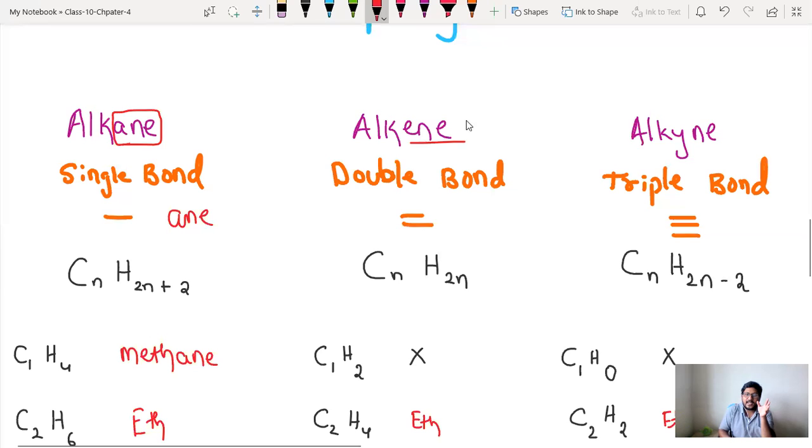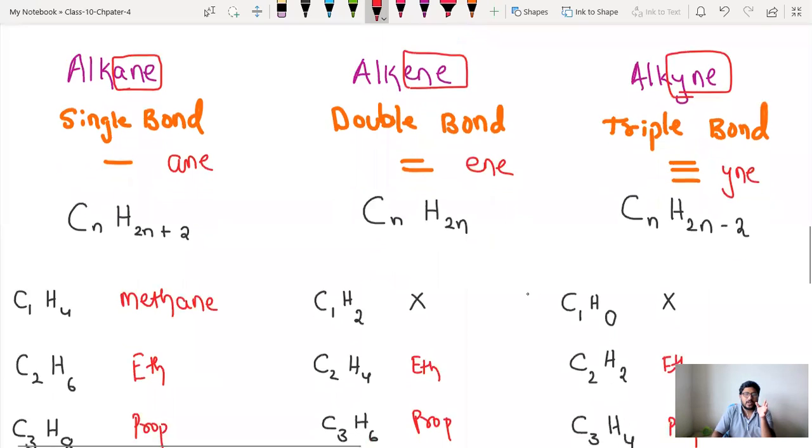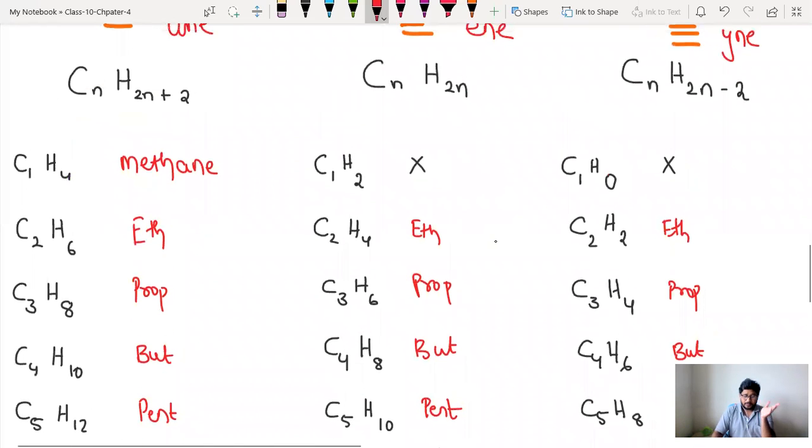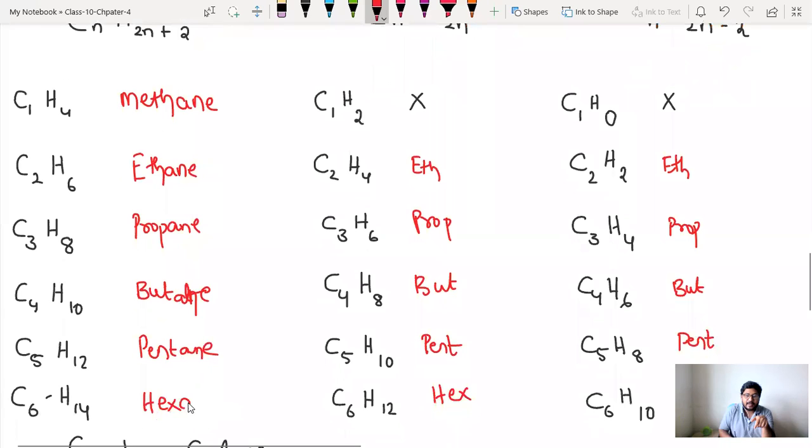If this is alkene category, we go with ene. If it is alkyne category, we go with yne. So if you add those suffixes: methane, ethane, propane, butane, pentane, hexane.